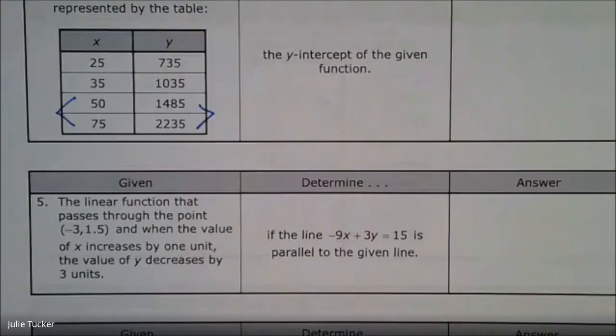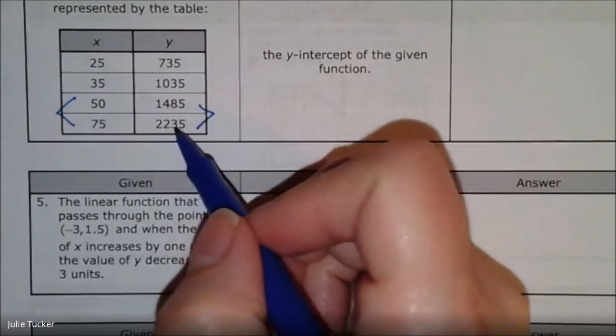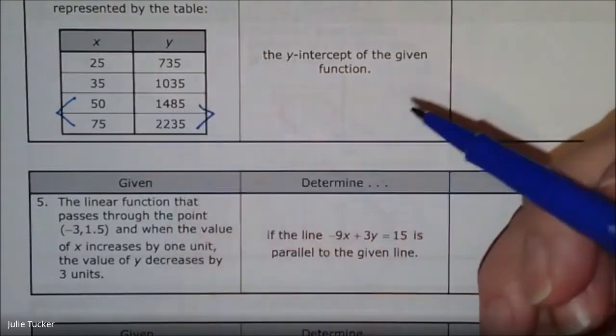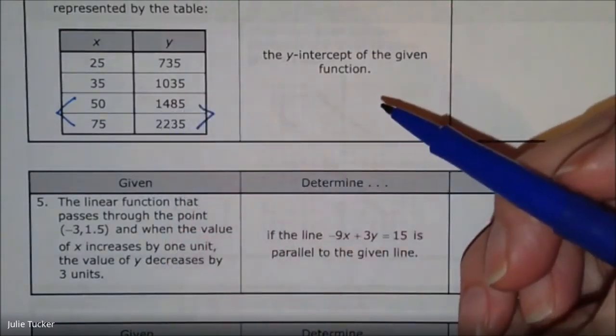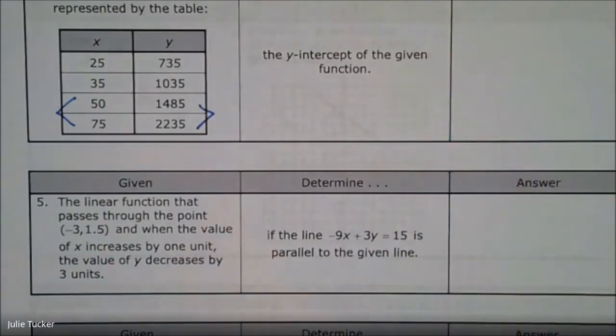Yeah, with minus. So we're going to subtract it. Okay. So 2235 minus 1485. I better write that to the side because I don't have room to.